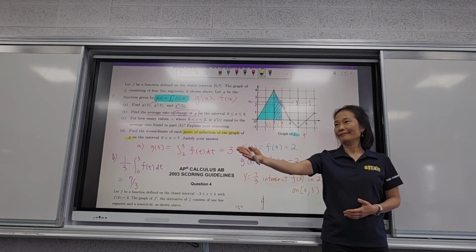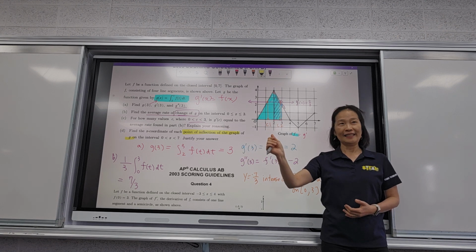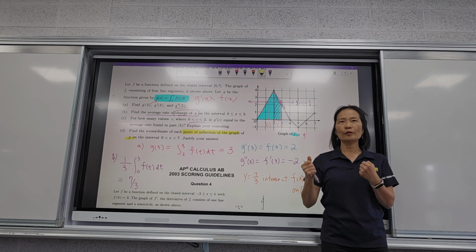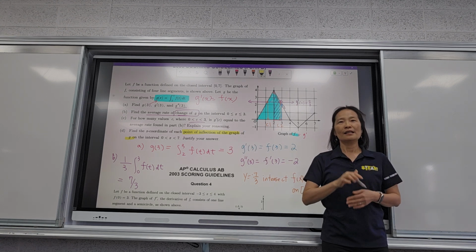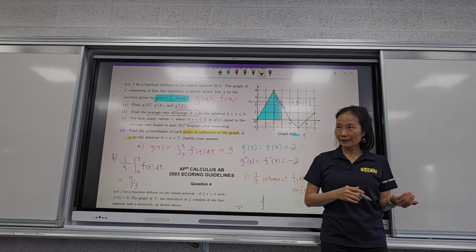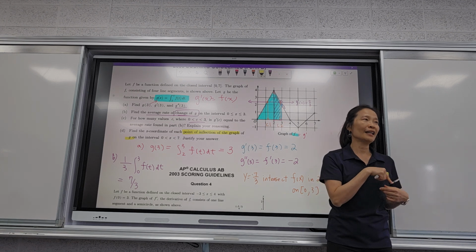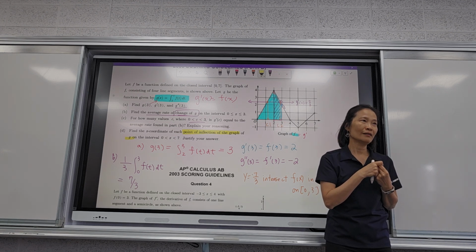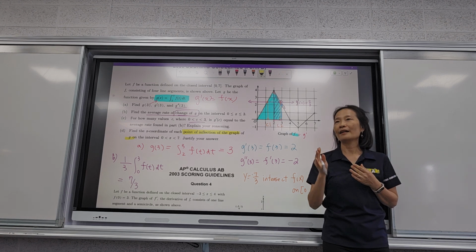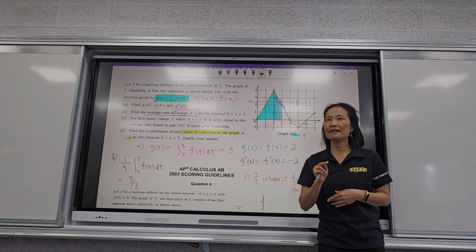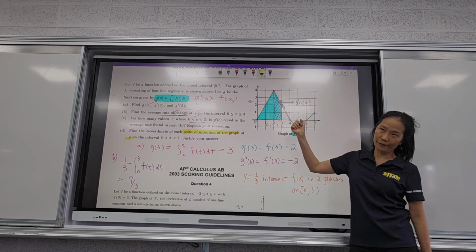Max of the derivative. Yes, okay. So first of all, the second derivative of g has to be 0 or undefined, but more importantly, it has to change sign. Remember the point of inflection definition? The concavity changes, right? But the second derivative of g is the slope of f.